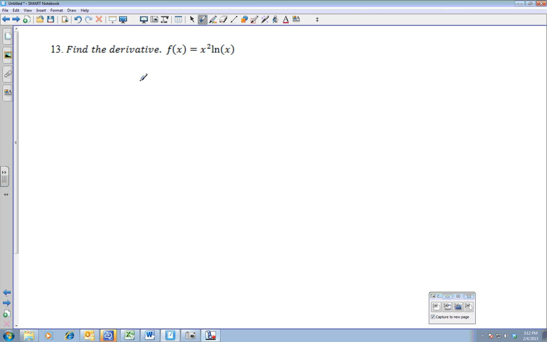Okay, this one's different because I have to use the product rule. Here's my first term. Here's my second term. So product rule says first term times the derivative of my second term. So the derivative of natural log of x is 1 over x.